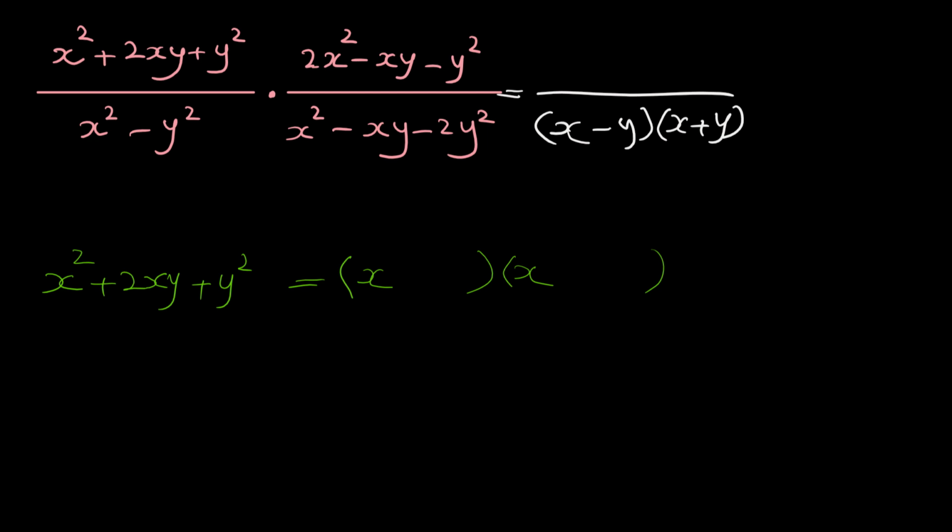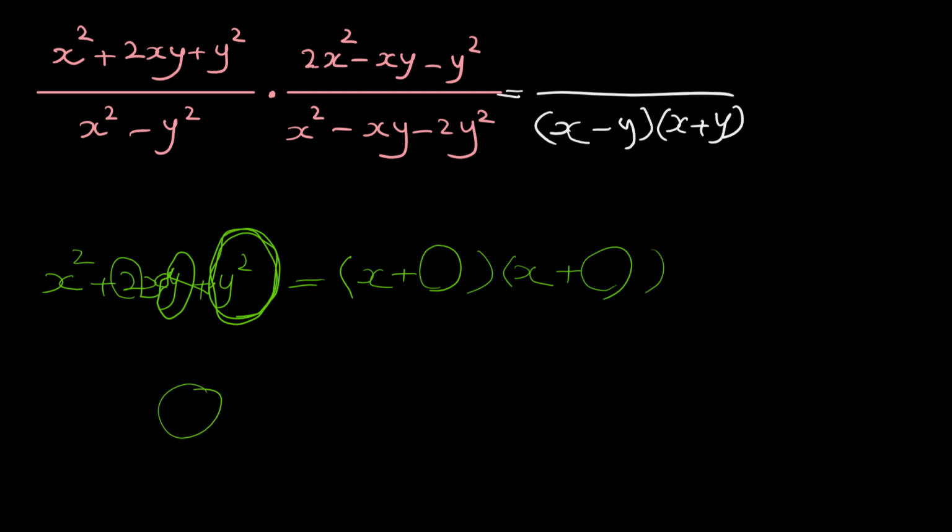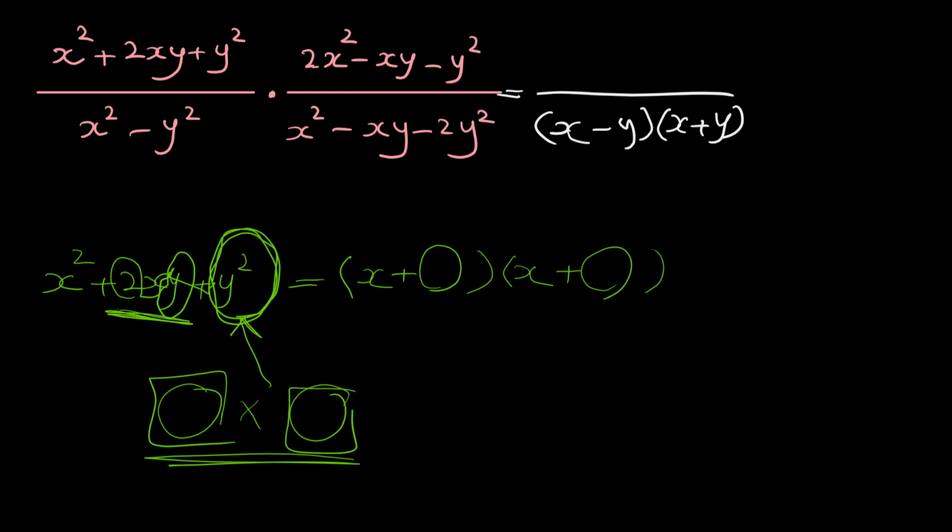So we open two brackets, in each bracket we put x, because x times x is x^2. Now, please pay attention. We look for two terms whose sum is 2y and whose product is y^2. What are the two, not numbers this time, what are the two terms whose product is y^2 and whose sum is 2y?